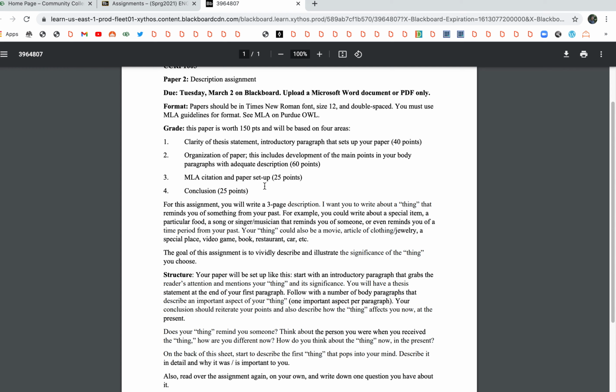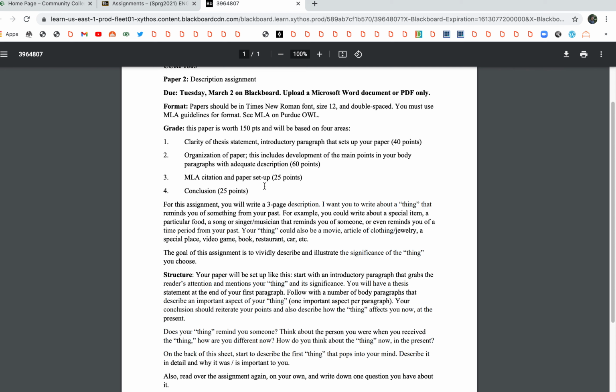For example, you could write about a special item, a particular food, a song or singer, musician or band that reminds you of someone, or even reminds you of a time period from your past. Your thing could also be a movie, article of clothing, piece of jewelry, a special place, video game, book, restaurant, car, etc. It could be a musical instrument, like a guitar, keyboard, a piece of sports equipment like a baseball glove you had when you were younger.